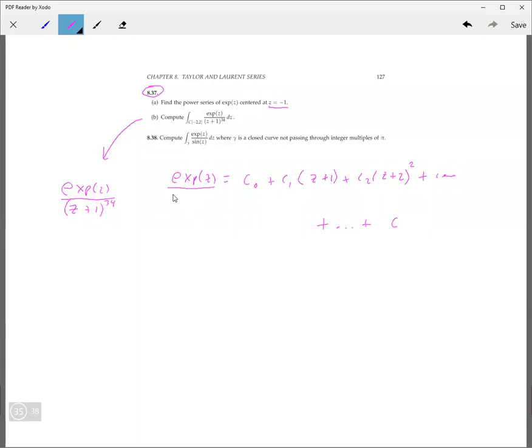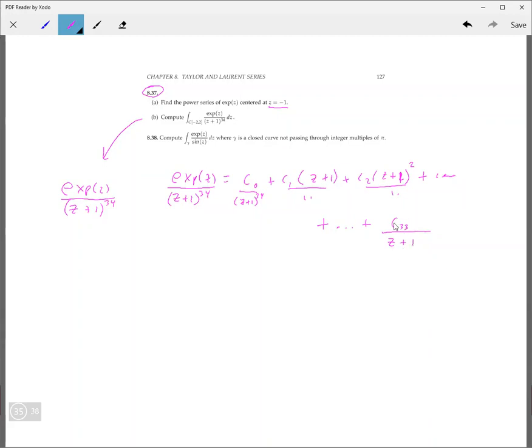If we divide by z plus 1 to the 34th power, then all these are going to be over z plus 1 to the 34th, right? So the only one that matters, if this is 33, is z plus 1 to the 33rd power over z plus 1 to the 34th.